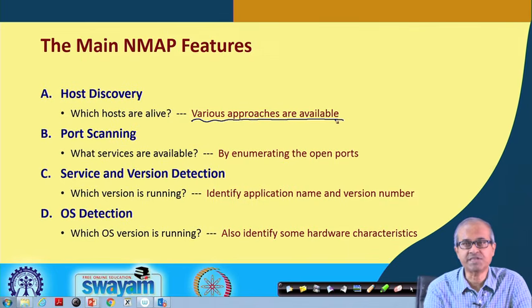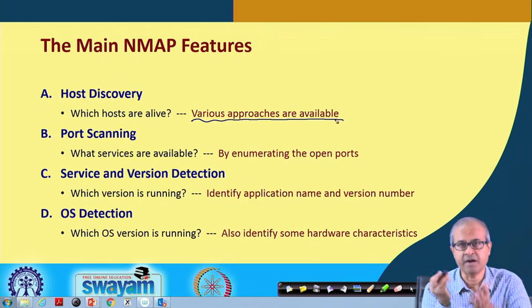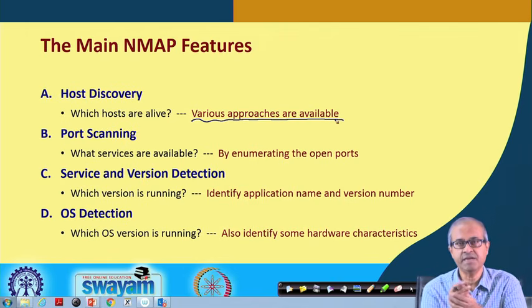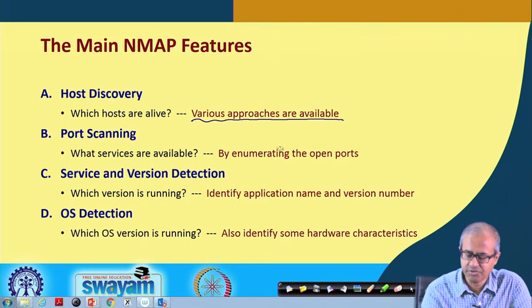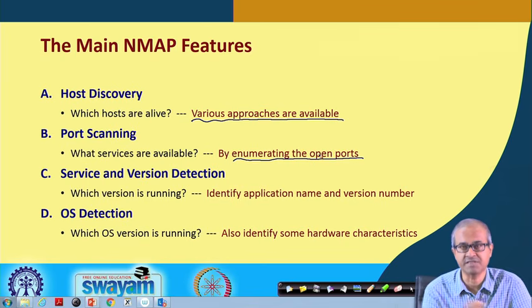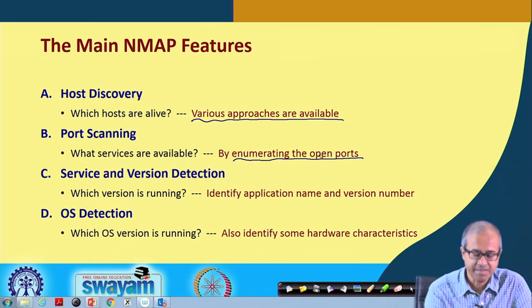Next comes port scanning. After you have detected which hosts are up and running, you try to find out what services are currently running on those hosts, that means which port numbers are open. You can enumerate the open ports and find out the services, because an open port means the services are running.